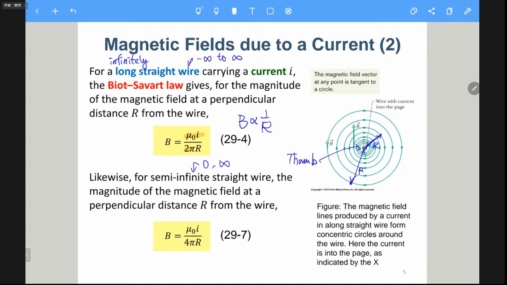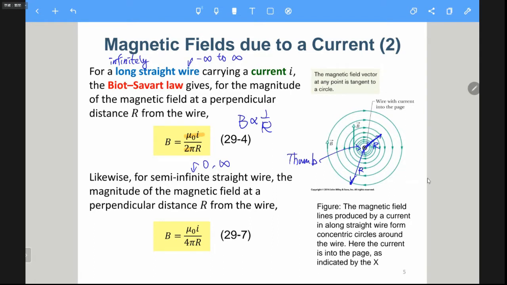Okay, so you use your thumb pointing into the page, and then your forefinger will follow the direction of the magnetic field, which means that you can see many concentric circles here, and then the magnetic field at that point will be the tangent line to the magnetic field line.